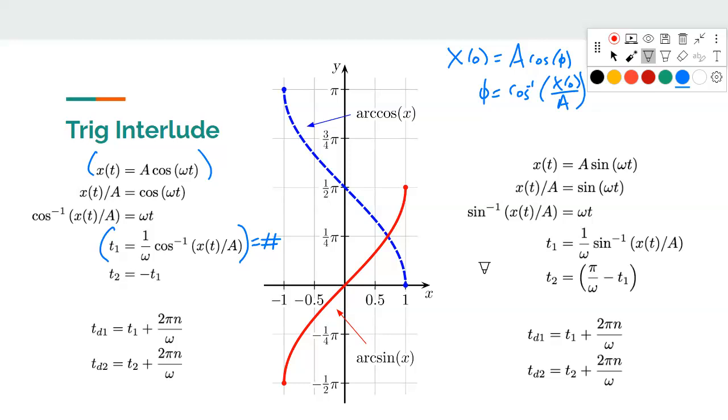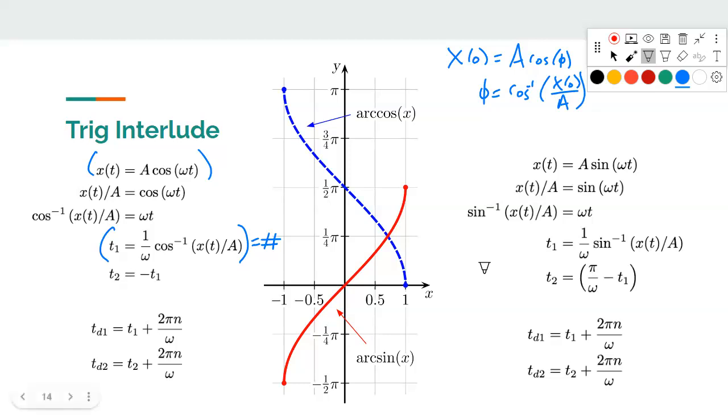And so what you have to realize is that the value for the time that your calculator gives you when you plug in inverse cosine will be some positive value, some positive angle between 0 and pi, and then it's going to be scaled by this 1 over omega. So that'll be one of your types of solutions.